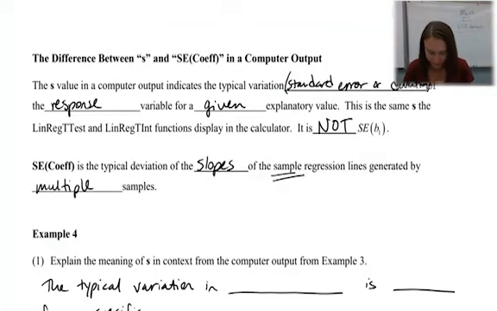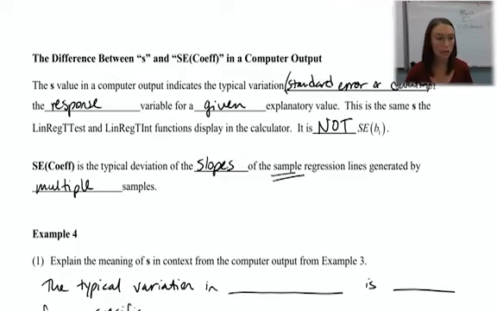All right, difference between S and SE of B1 in a computer output. The value of S in a computer output indicates the typical variation, or standard deviation or standard error, of the response variable for a given explanatory value. This is the same S as the linear regression t-test.